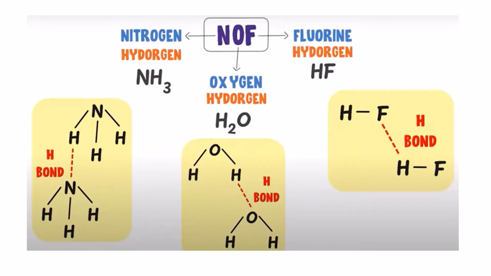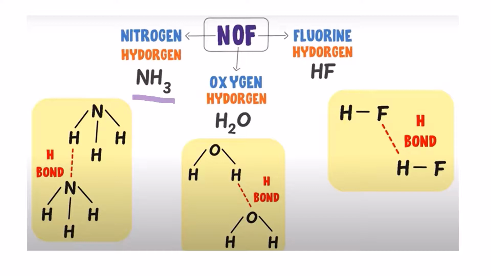Like for example, in ammonia, the hydrogen bond, or the attraction between these two molecules of ammonia, is found on this area. It is represented by a broken line. That means the positive hydrogen attracts the negative nitrogen, and it creates a hydrogen bond.